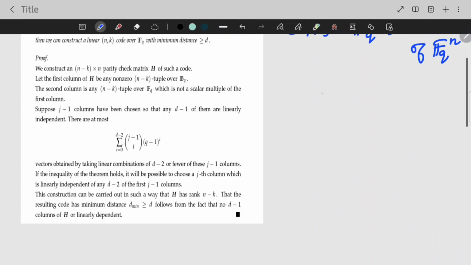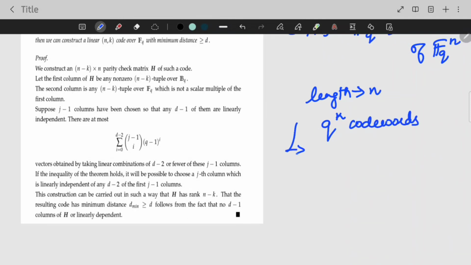That is, the code has length n and there are up to q to the power k code words, and this can be described by either a generator matrix G of size k cross n or a parity check matrix H of size n minus k cross n.